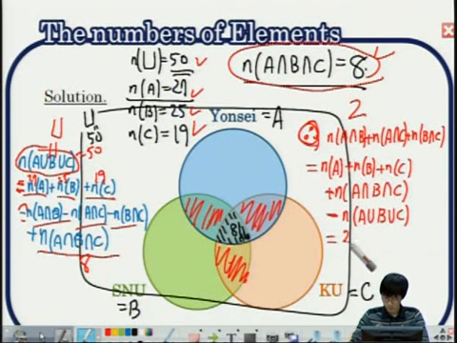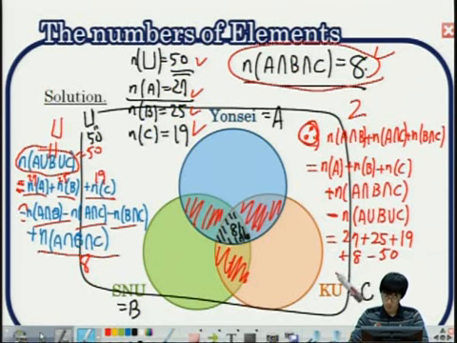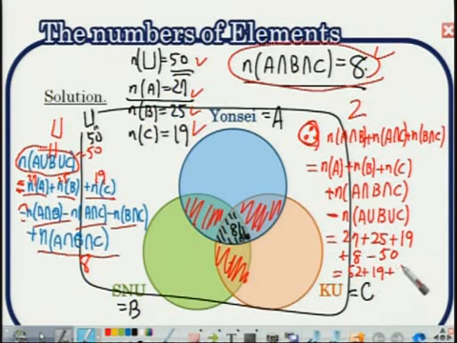So the answer is 27 plus 25 plus 19 plus 8 minus 50. And the answer will be, this is 52 plus 19 plus 8 minus 50. And it will be 71 plus 8 minus 50. And 79 minus 50. And it will be 29. Is it right? 29.